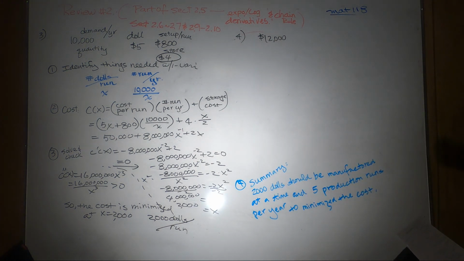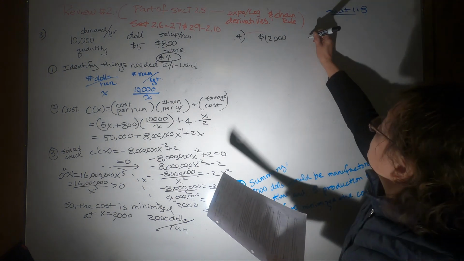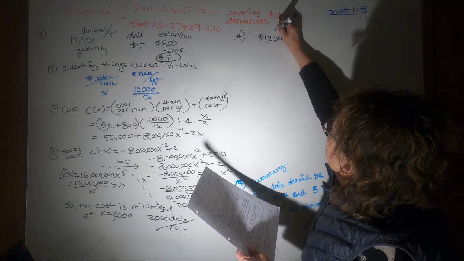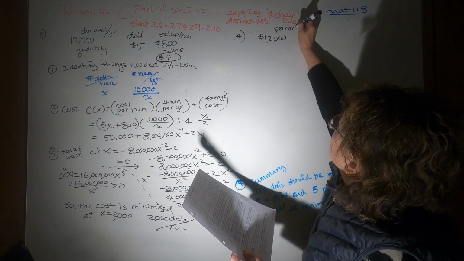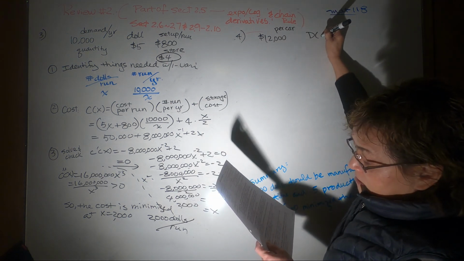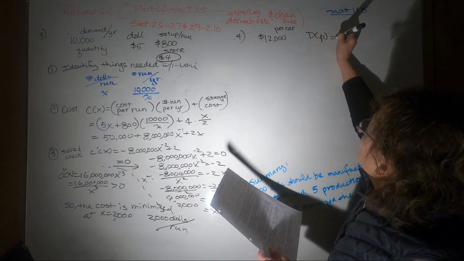That's too cheap. Must be a used car, right? The demand function is this way. This one is per car. Then the demand function is written this way, okay?